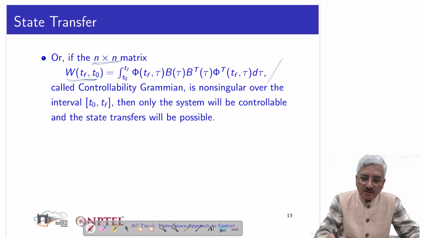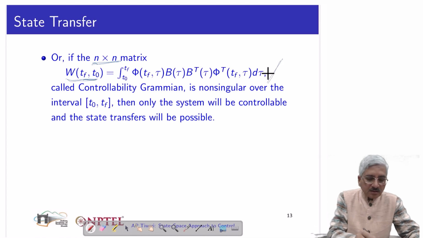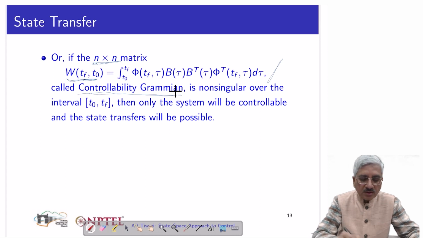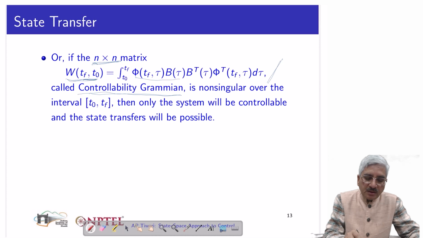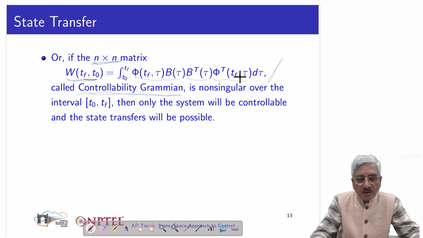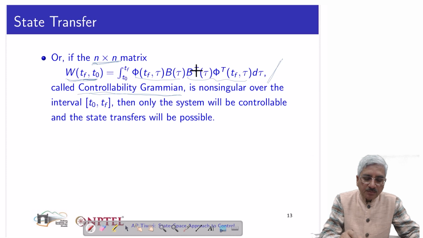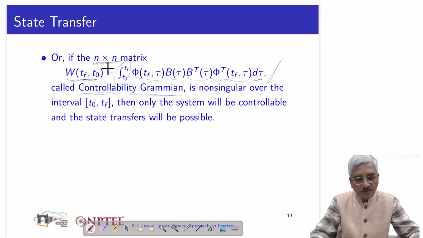It is given by this integral, and it is called the controllability Gramian. It looks difficult but is easy to remember, because this is phi into B and this is the transpose of it, phi B into transpose of phi B, the whole product, which becomes phi B B transpose phi transpose, integrated with respect to tau, and has to be evaluated between the limits t0 to tf.